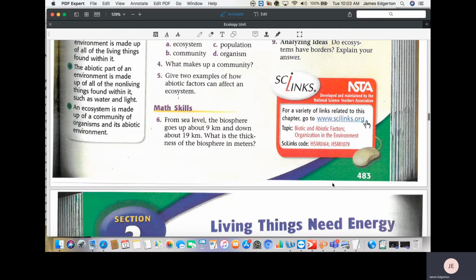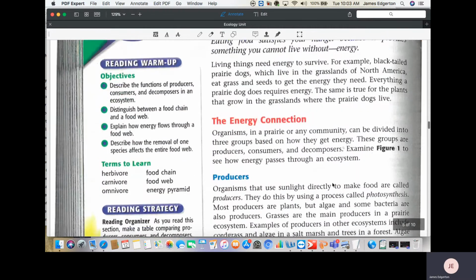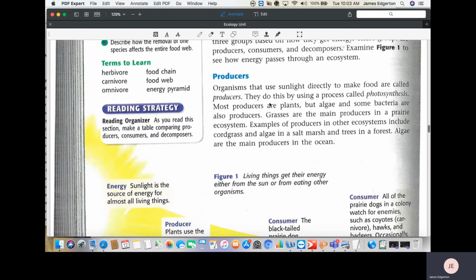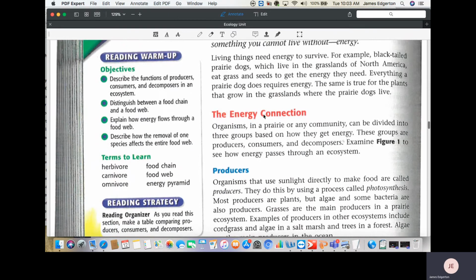Well, you know what? We'll keep going on here a little bit. Producers, this is another concept here. In an ecosystem, you have organisms that produce, just like we learned earlier in the year. Producers are organisms that conduct photosynthesis. They produce their own energy. If you just look at straight mass, most of an ecosystem is the producers.